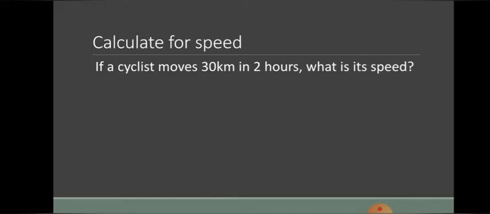If a cyclist moves 30 km in 2 hours, what is its speed? So, V equals the distance, 30 kilometers, over time elapsed, 2 hours. So, V is equal to 30 divided by 2, which is 15 kilometers per hour.